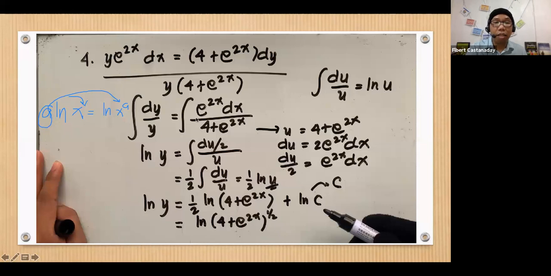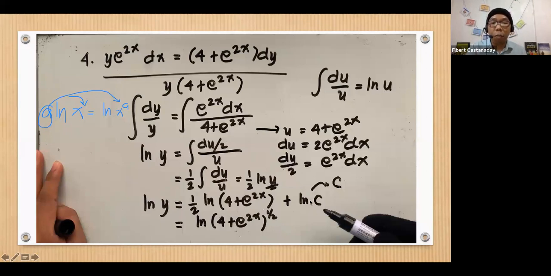So, bakit ko ginawang ganito? Because, for me to be able to apply the property na ito yung magiging product, yung kanyang argument. So, kailangan wala muna siyang coefficient. I mean, the coefficient should be 1. Okay, that's one thing that you should remember.